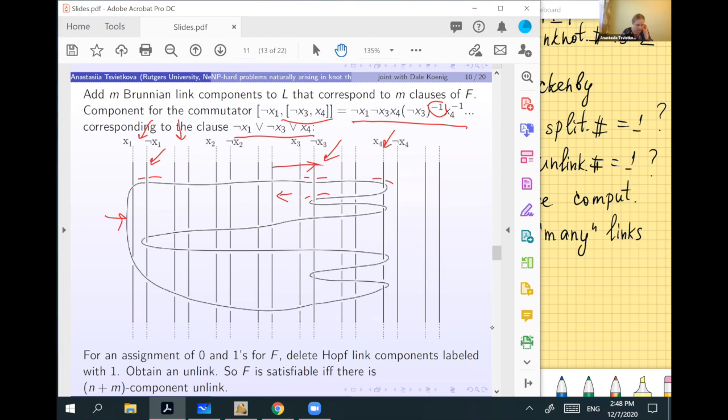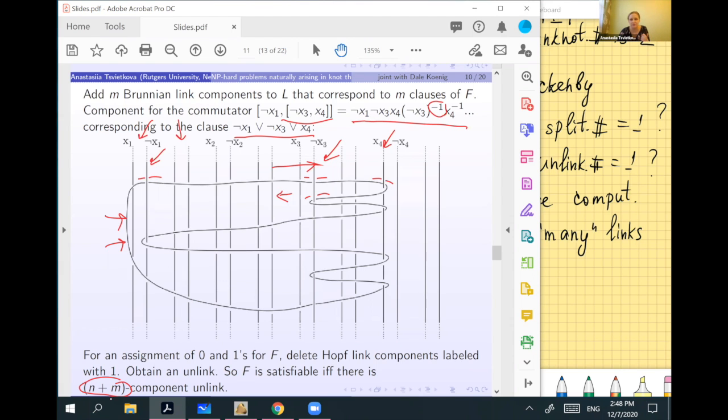And then in the opposite direction, if I want an n plus m component unlink sublink, then on one hand, it must contain every Brunnian component, each of these, because there are m of them, and it must contain one component from each Hopf link, because there are n of them.